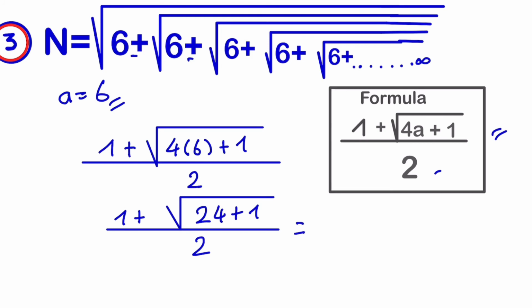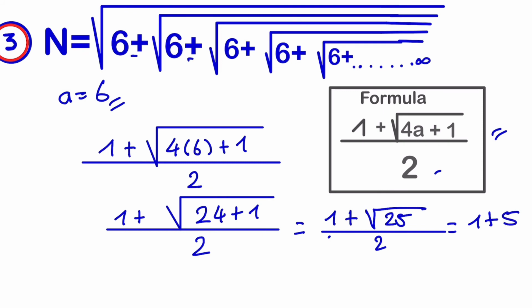If we continue, this will be the same as 1 plus 24 plus 1 is 25, the square root of 25 divided by 2. So the square root of 25 is 5, so we are going to have 1 plus 5 divided by 2, which is equal to 6 divided by 2, so our answer is 3. So our answer for this question is 3.